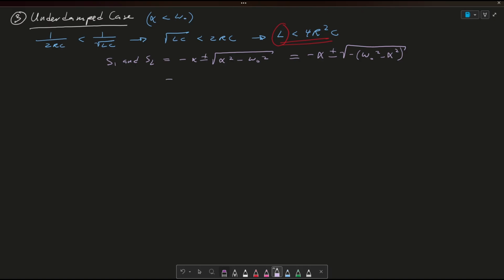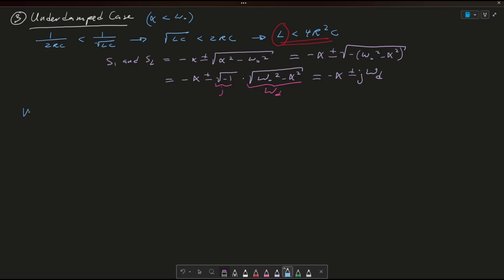All right, so if we continue, we can say this is equated to minus alpha plus or minus the square root of -1 times the square root of omega naught squared minus alpha squared, where this here is denoted as omega d, or the damping natural frequency. And obviously the square root of -1 is j. So then we get that this is equated to minus alpha plus or minus j omega d.